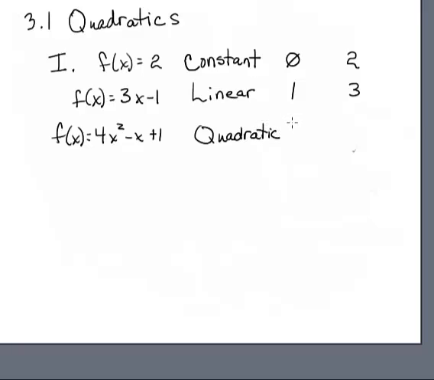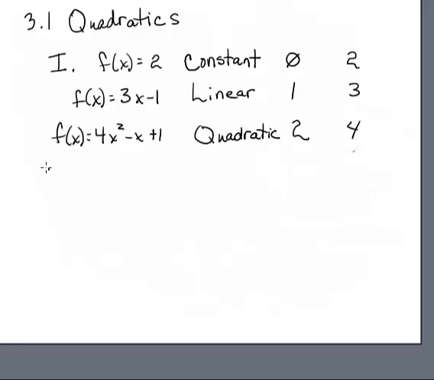We say the degree is 2 because the highest exponent in this whole thing is 2. We don't add the 2 and the 1 and make 3. We just take the highest one to get the degree. And the leading coefficient means the coefficient in front of the highest exponent. This x squared is the highest exponent, so my leading coefficient is 4.